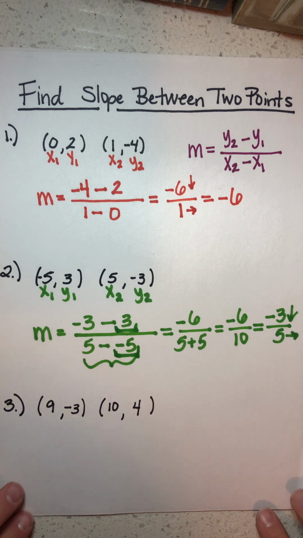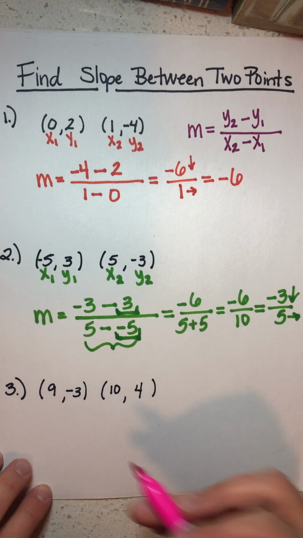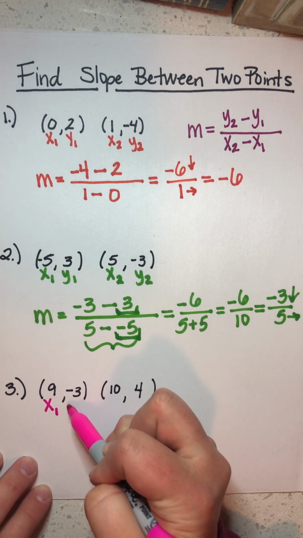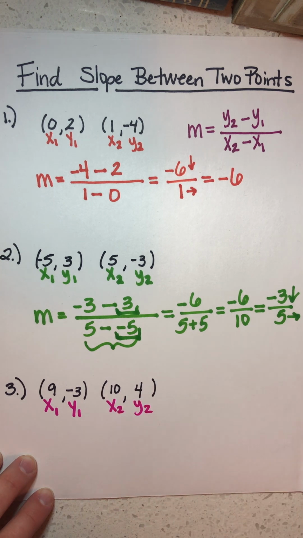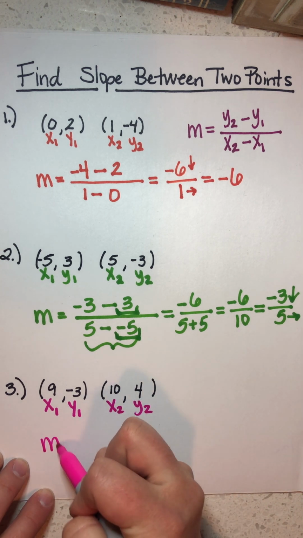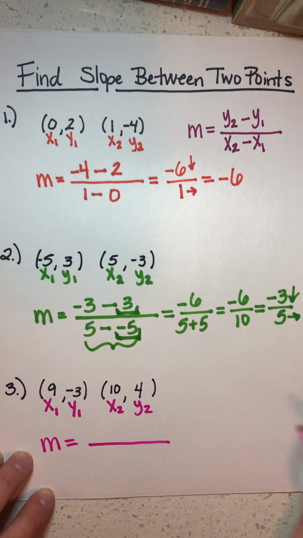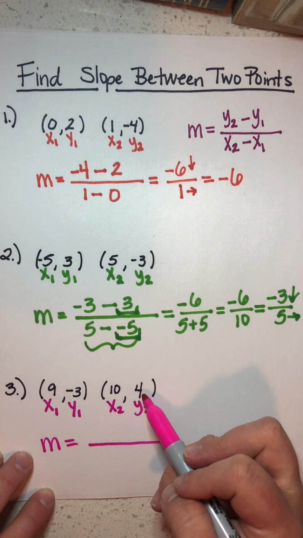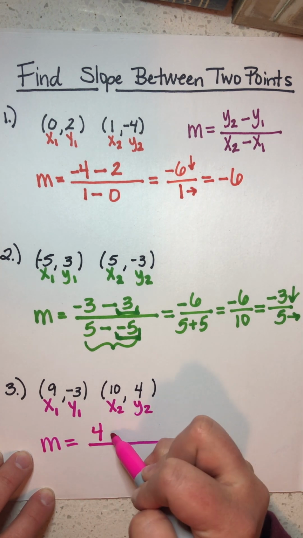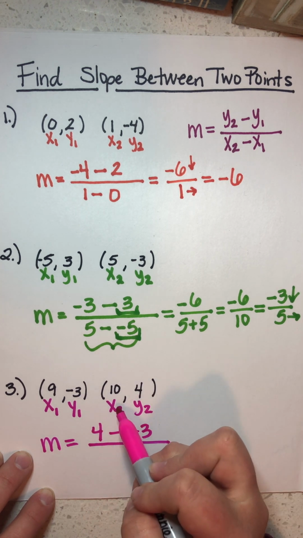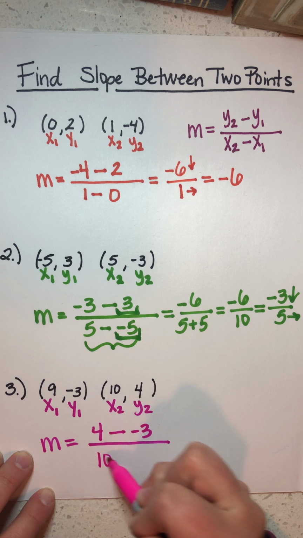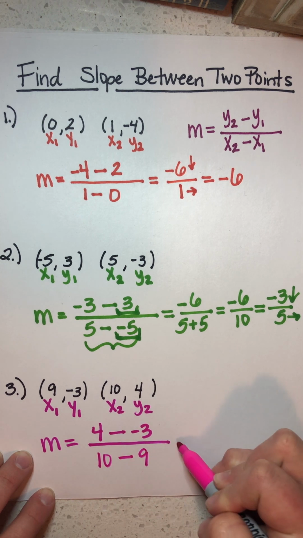All right, so let's look at this last one. So we have x1, y1, x2, y2. So we do our slope formula. y2 minus y1, so we have 4 minus, and then y1 is negative 3. And then x2 minus x1, so we have 10 minus 9.